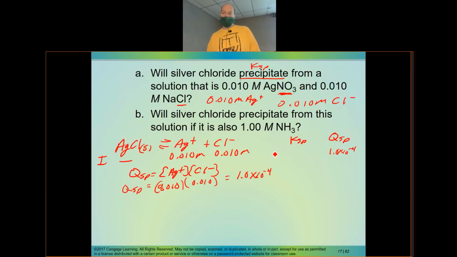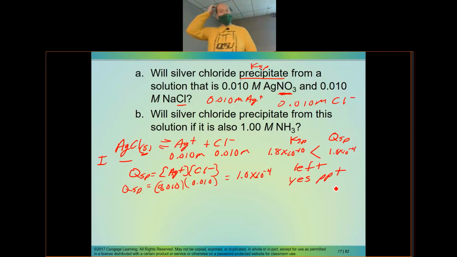When you look up the KSP, it is 1.8 times 10 to the minus 10. And so you see that your QSP is much larger than your KSP. If you put the KSP first and the QSP second and put your inequality sign in between them, that will point you in the direction of the reaction. So the reaction is going left, and you see that on the left we have a solid. That means, yes, you're going to get a precipitate. And so if you add 0.010 molar AgNO3 and 0.010 molar NaCl, you will get a precipitate.